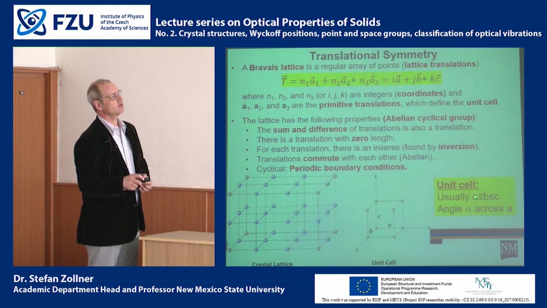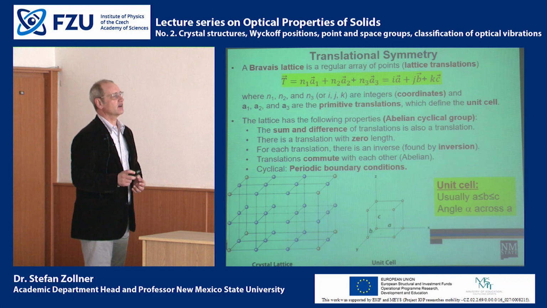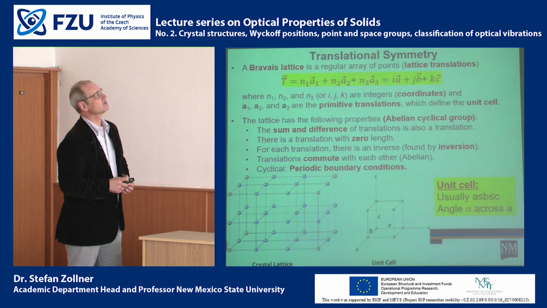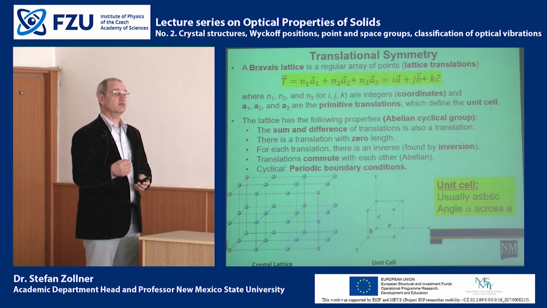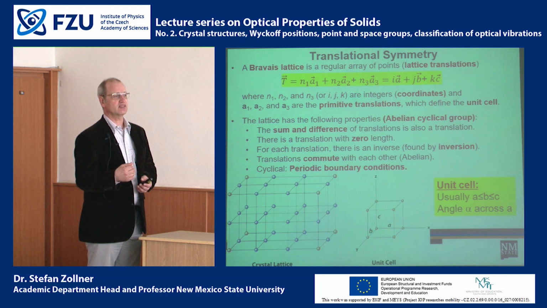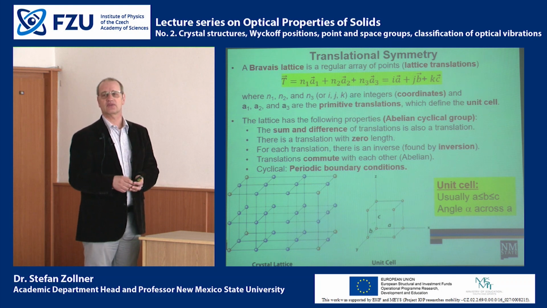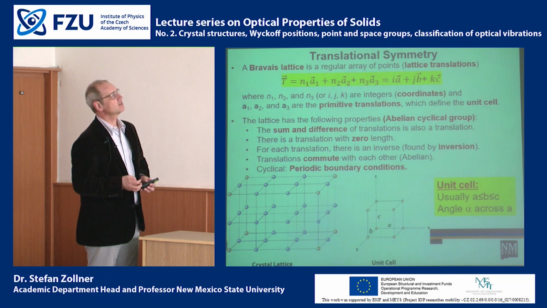Typically, one follows the convention that the primitive lattice translation vectors are arranged by increasing length, but unfortunately that convention is not always adhered to. The angle alpha is across from the primitive translation A.